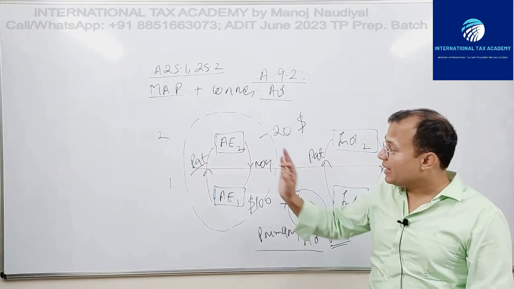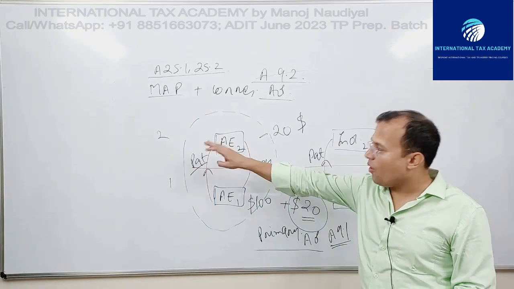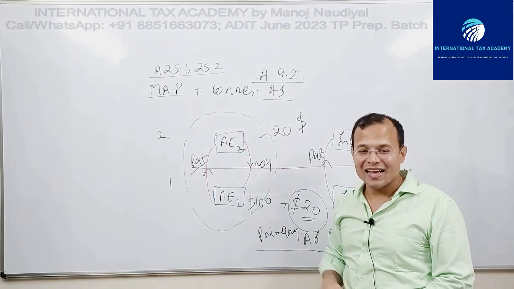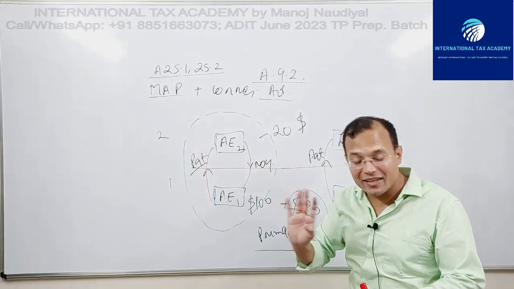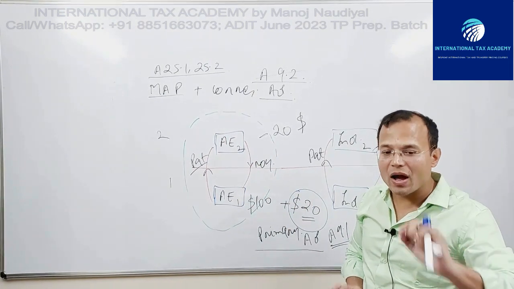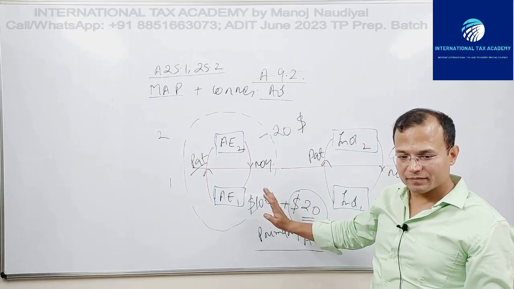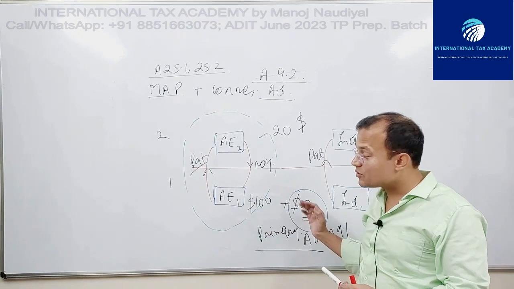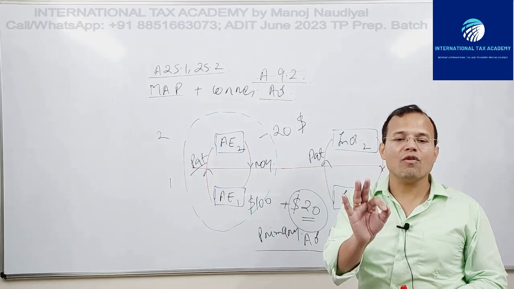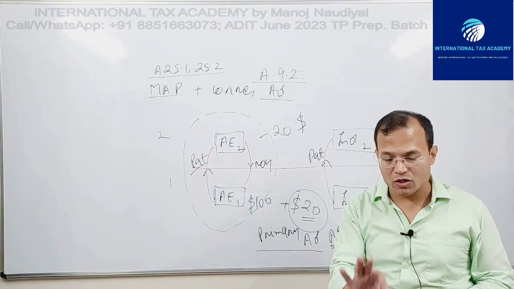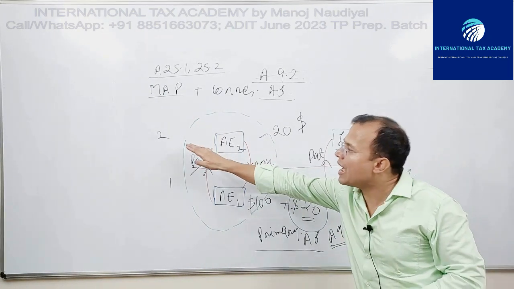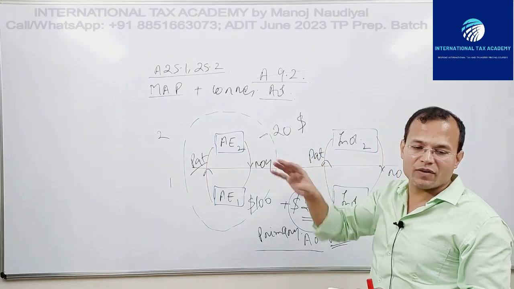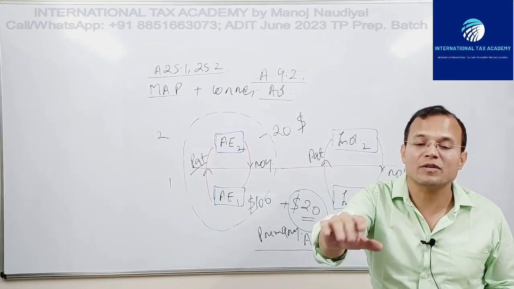Now, if the tax authorities of 2 agree that the plus 20 that has been added is for the application of the arm's length principle, that is why I allow you, AE2, to decrease your profits by 20.